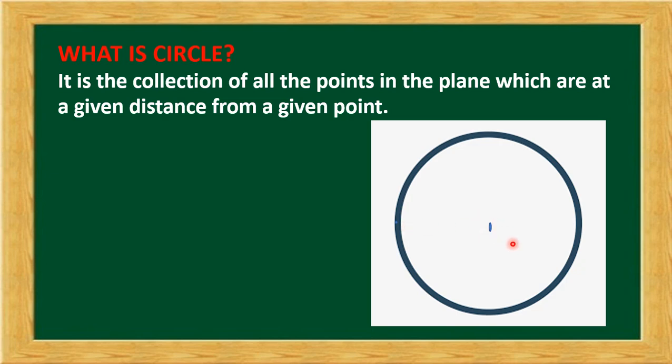This point is known as the center of the circle, which is the fixed point. This distance is the fixed distance, or we can say all the points on this boundary are at the same distance. This is known as the radius, and this QR is the diameter of the circle.